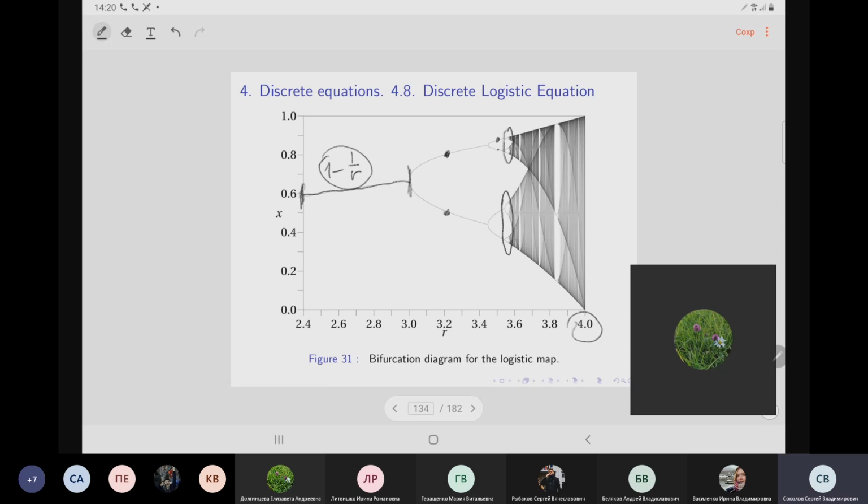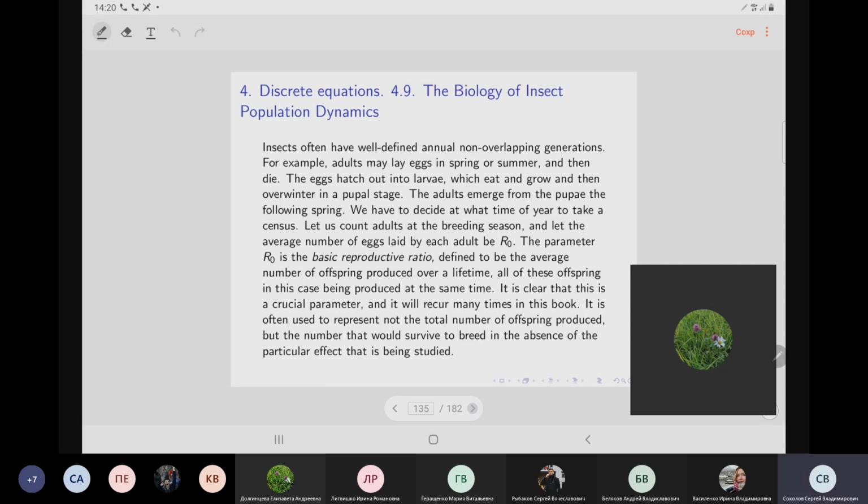So what is next? Let us consider an insect population, and using all these techniques developed, we're going to understand what's going on with our insect populations. We'll consider one simple model of insects.